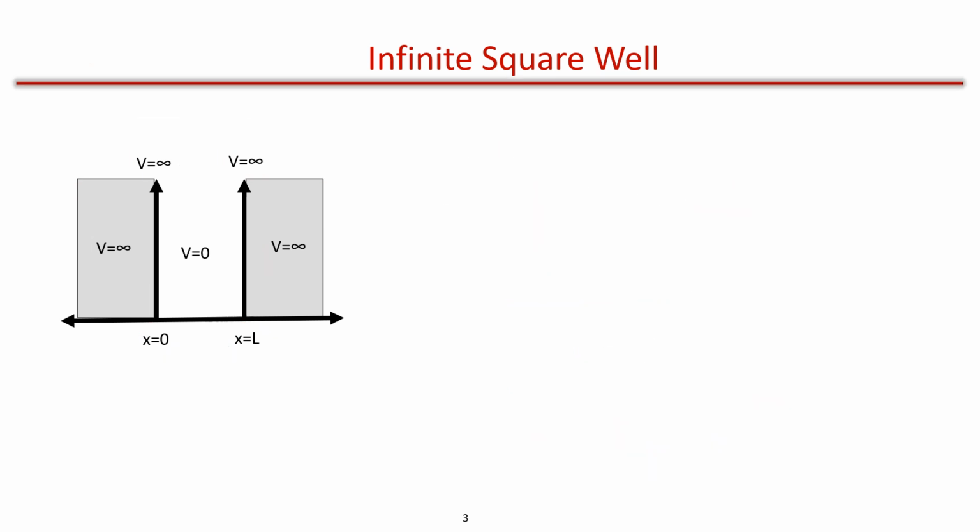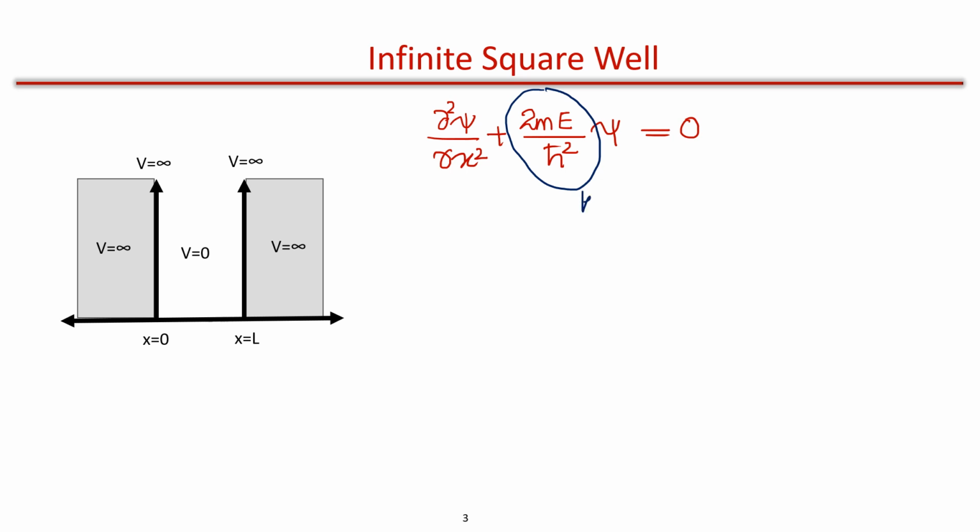So we have obtained del square psi by del x square plus 2mE by h cross square psi is equal to 0. Let this quantity be equal to k square.